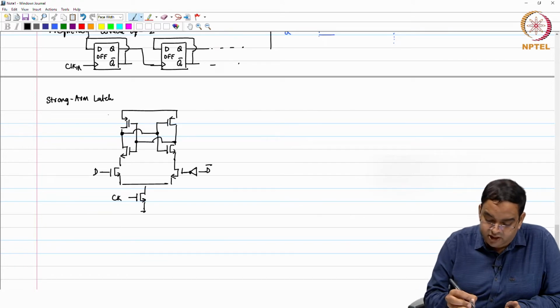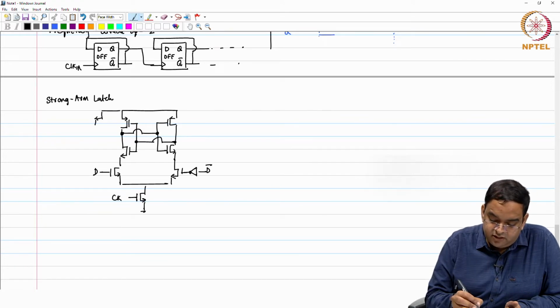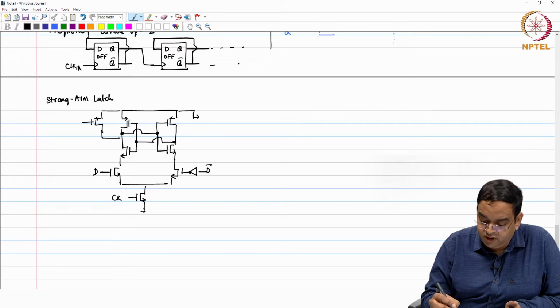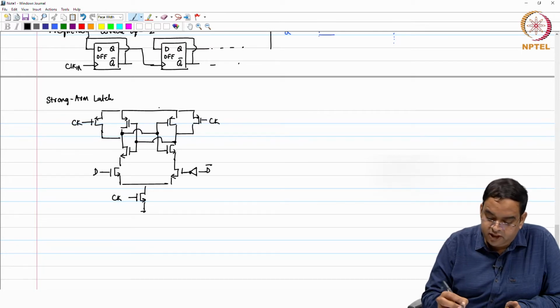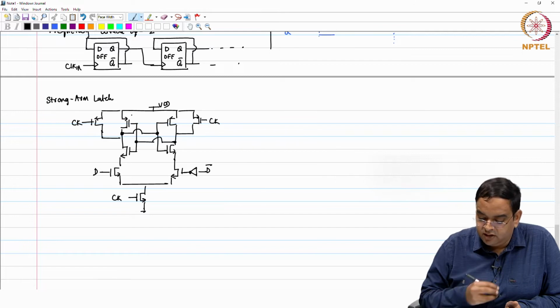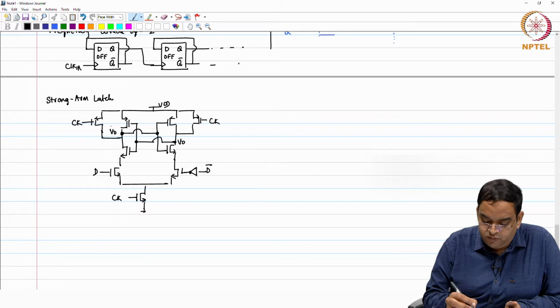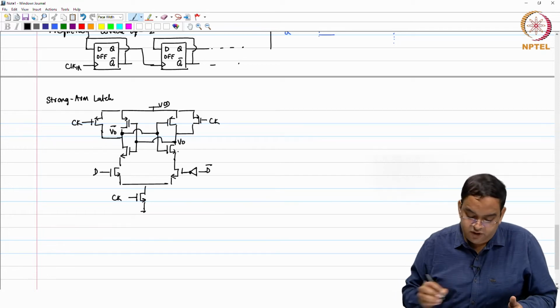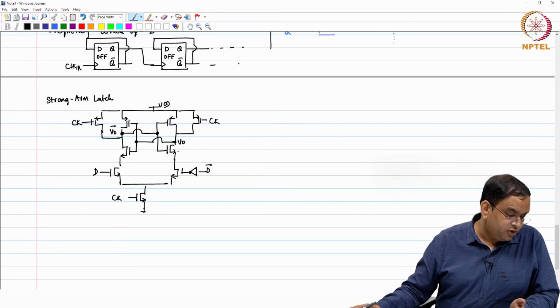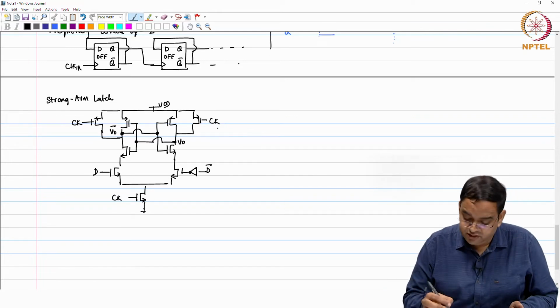You have clock here and you have a reset thing at the output, which is also with the help of a clock only. Okay. This is connected to VDD. The output of this you can call as VO and VO bar. VO and VO bar, they actually go to an RS latch.